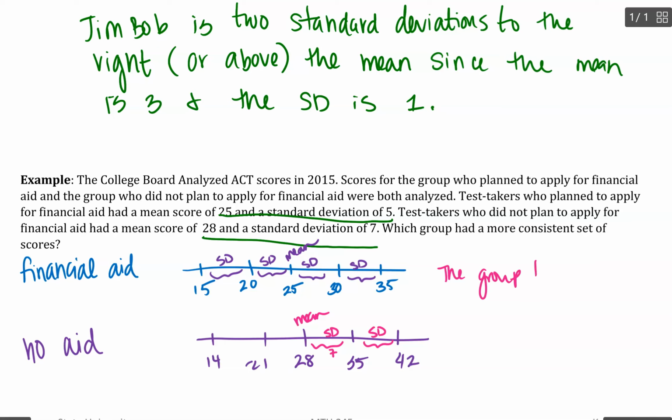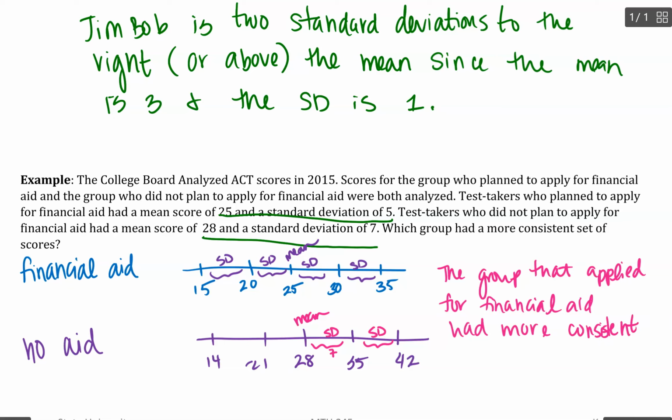So the group that applied for financial aid had more consistent scores because the standard deviation was smaller.